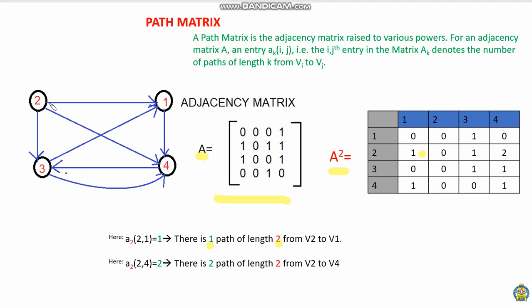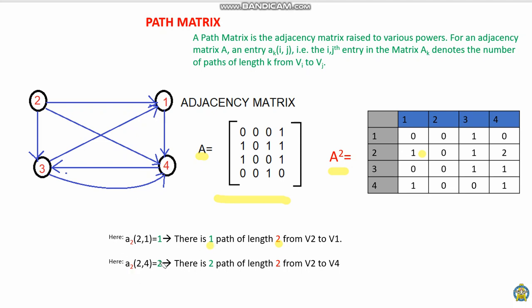So V2 to V1, there is one path of length 2. So that should be 1, 2. So this route is a path of length 2.